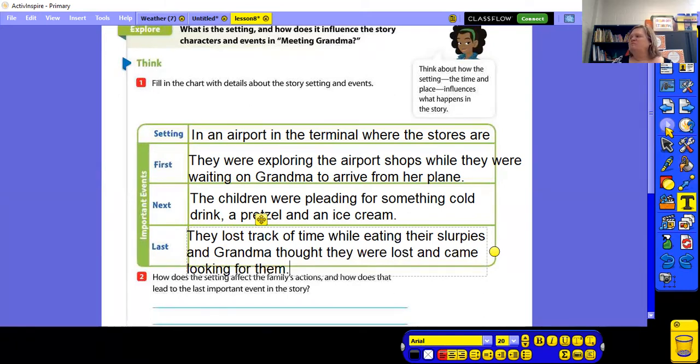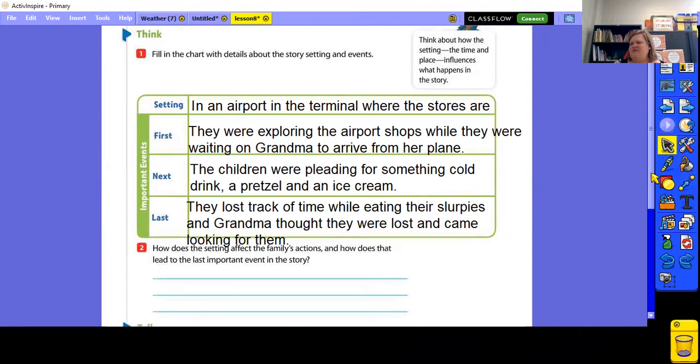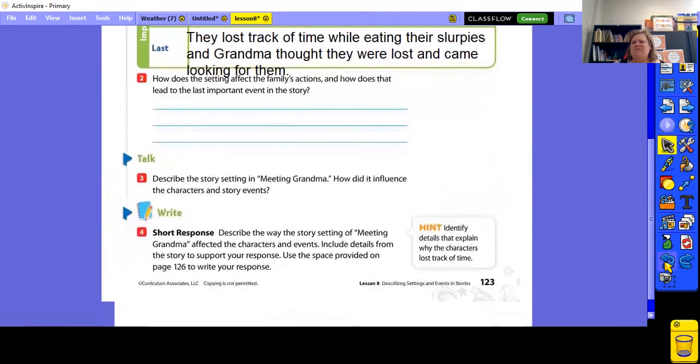So now the question says, how does the setting affect the family's actions? And how does it lead to the last important event of the story? Why don't you run and tell your parent or a brother and sister? How does this setting, where the story takes place in the airport, affect the family's actions? What were the actions?